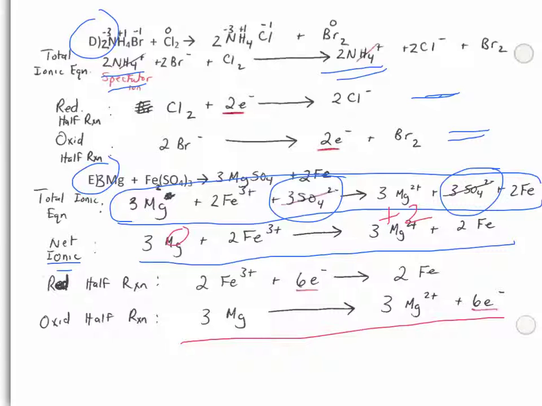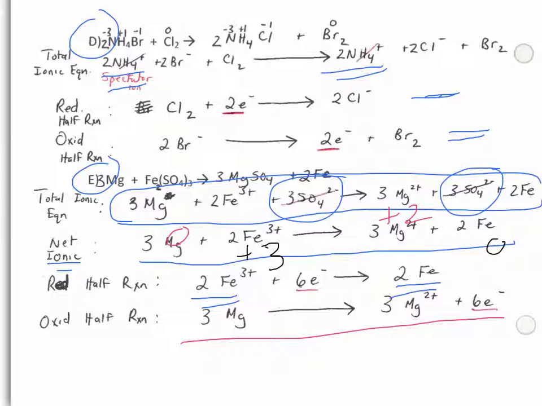Likewise, the iron is going from +3 to 0, so its oxidation number is going down, or being reduced, so it is involved in the reduction half reaction. And I write my balanced half reactions using the appropriate number of each of the atoms or ions involved, as seen in both the total and net ionic equations.